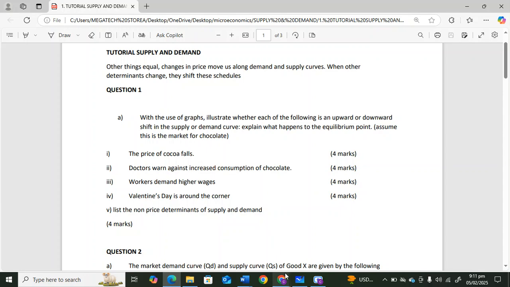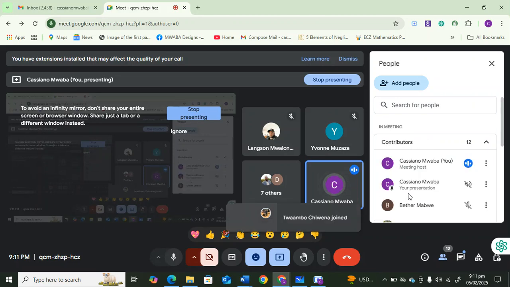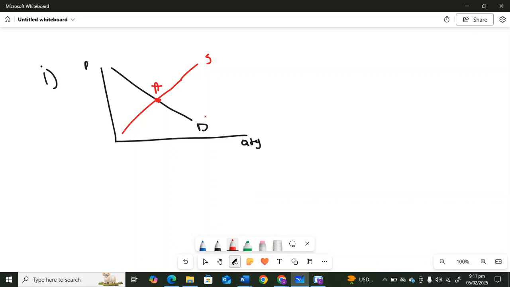Colleagues, what did we say will happen to the graph when the price of cocoa falls? Yes.